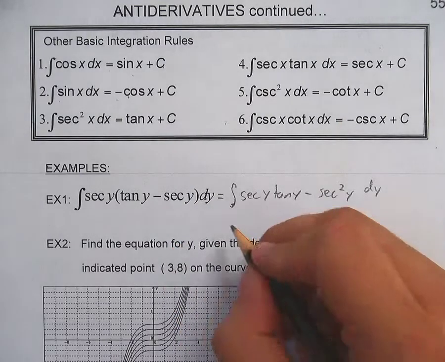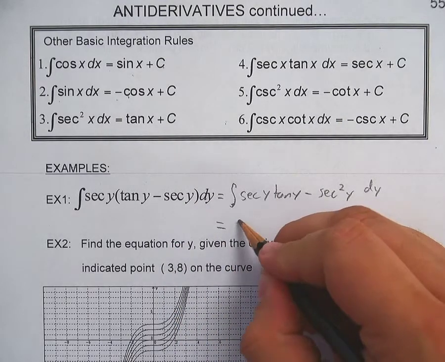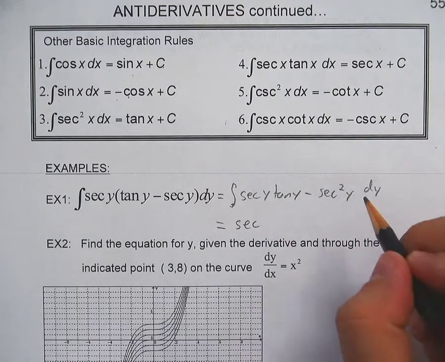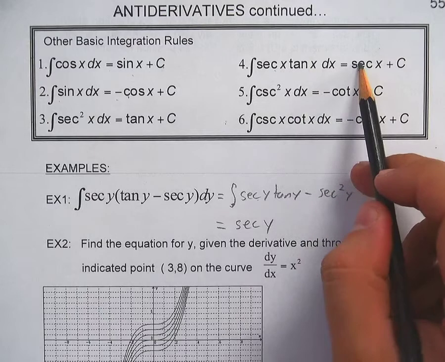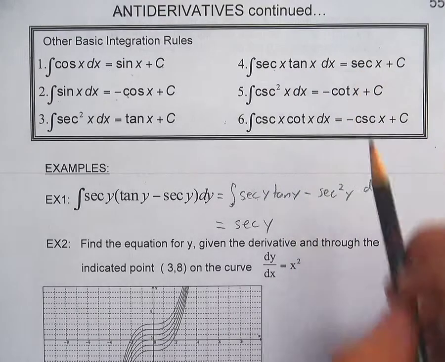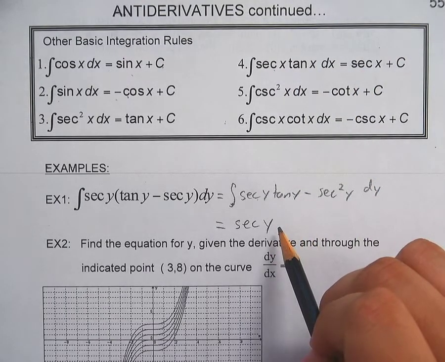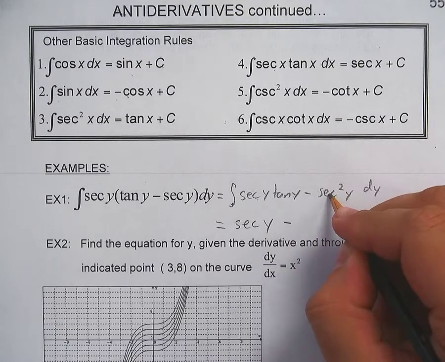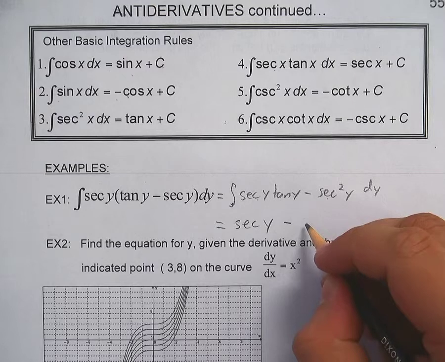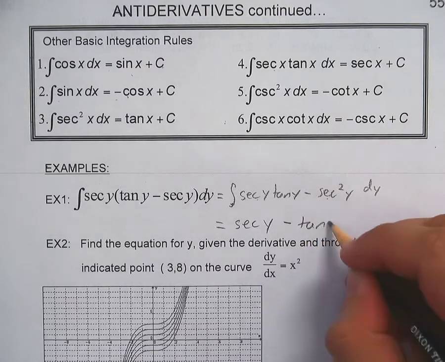Right? So I can just come down here and say that my antiderivative is secant y, that's this one right here. Secant x tangent x is secant x, so secant y tangent y is secant y, minus the antiderivative of secant squared, which is tangent of y.